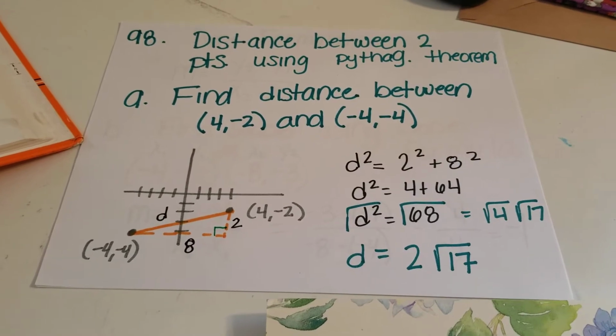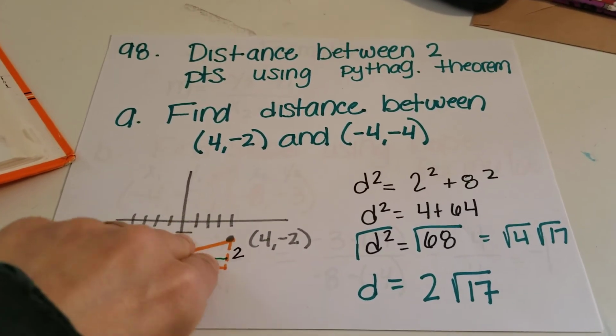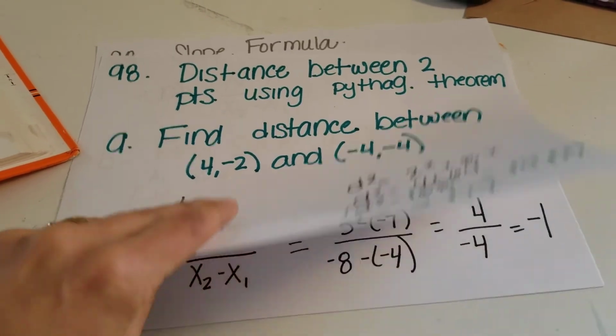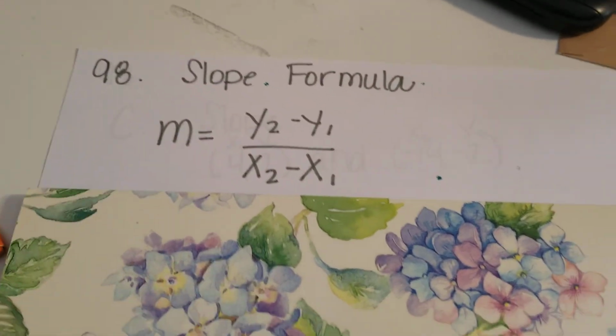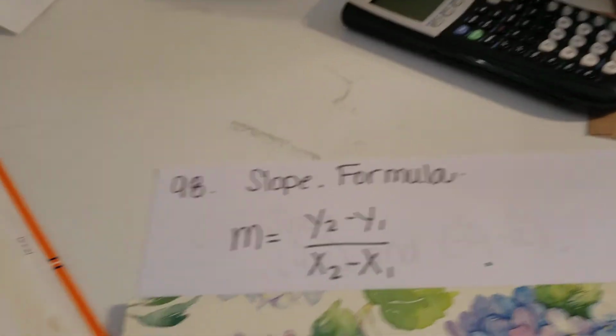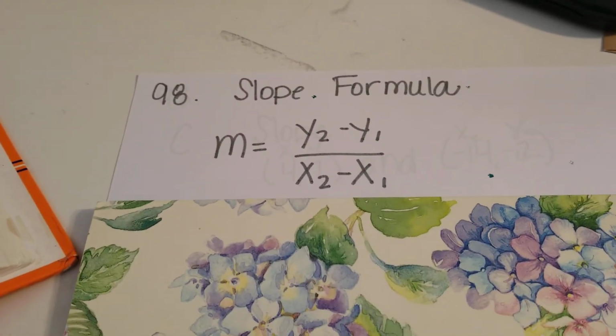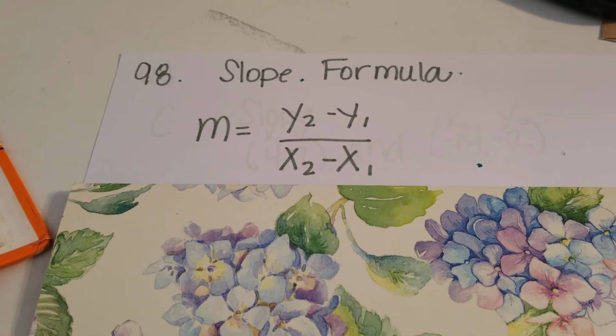Now, this lesson also has another component to it, and it is finding the slope using the slope formula. This is kind of unrelated to that. We learned about slope-intercept form, and we learned what slope is, and we called it rise over run. But here's the formula.